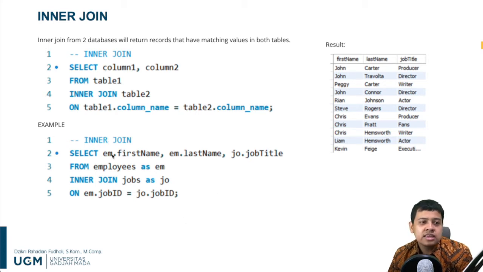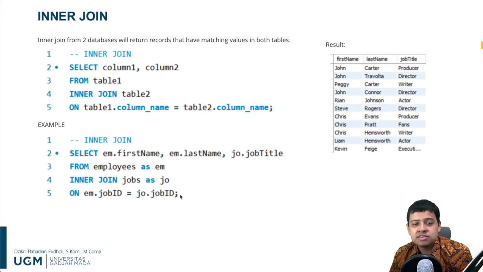We select EM as the alias for the employees table, and JO as the alias of the jobs table. So we see here first name and last name from the employee table, and job title from the job table. From employees as EM inner join jobs as JO on em.jobid is equal to jo.jobid. As we can see here, if we set the em job ID as a foreign key to the primary key of the job ID here, then on the fifth line there will be no need to write this.